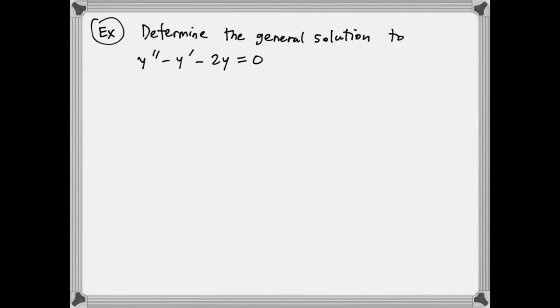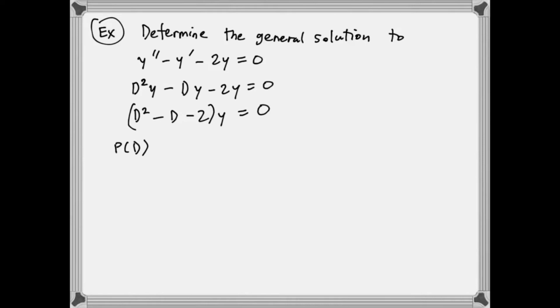Okay, so we're going to write this in polynomial differential operator form, okay? So we can rewrite this as D^2 y - Dy - 2y = 0, or (D^2 - D - 2) y = 0. So this means that P(D) is D^2 - D - 2, right?